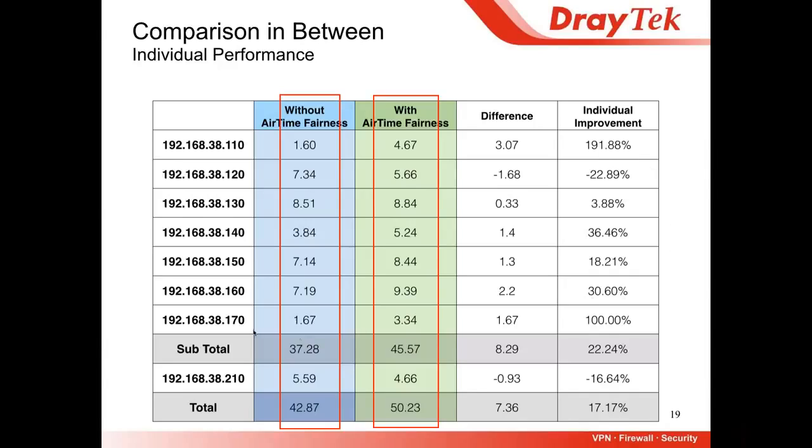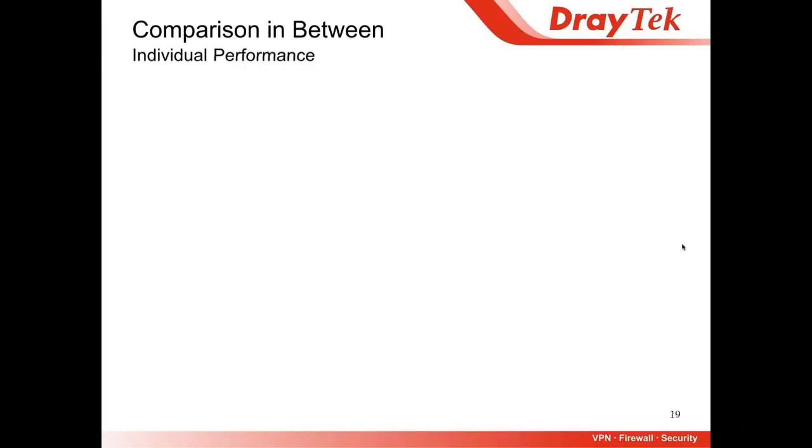Also 110 got 100% improvement. And we found that 120, the only one with good link rate, got decreased. There's also another one that got decreased, the one with bad link rate. Other stations with good link rate all got improved. That's what we found from this chart.